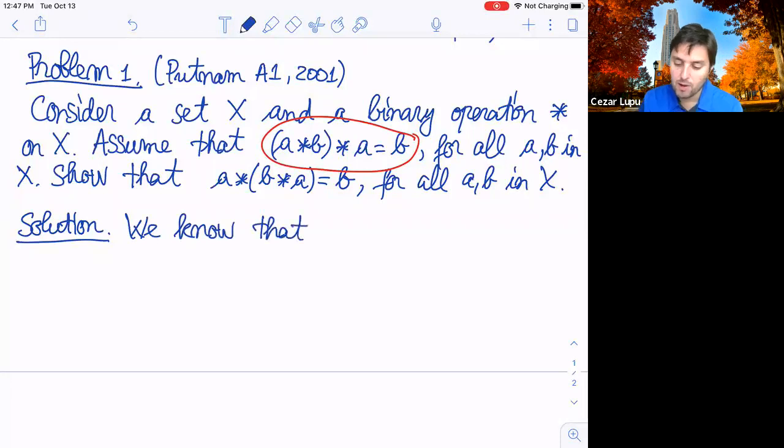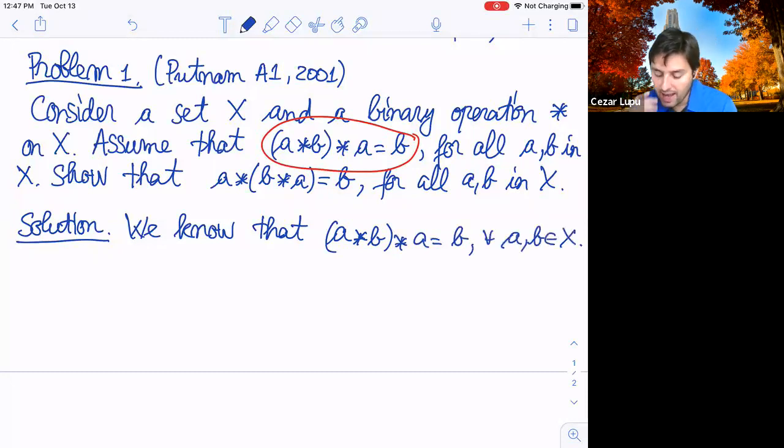So what do we know? Okay, let's write it again. A star B star A is B for all A, B, and X. And I have to come up with something to have the B star A on the other side. So what should we do here?